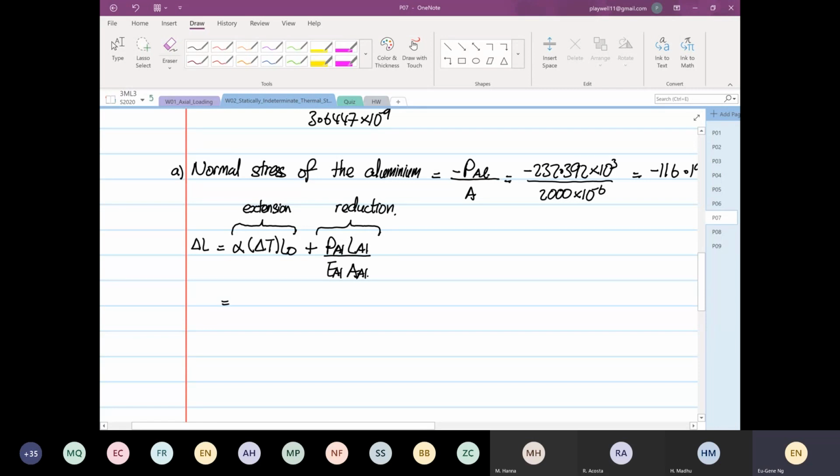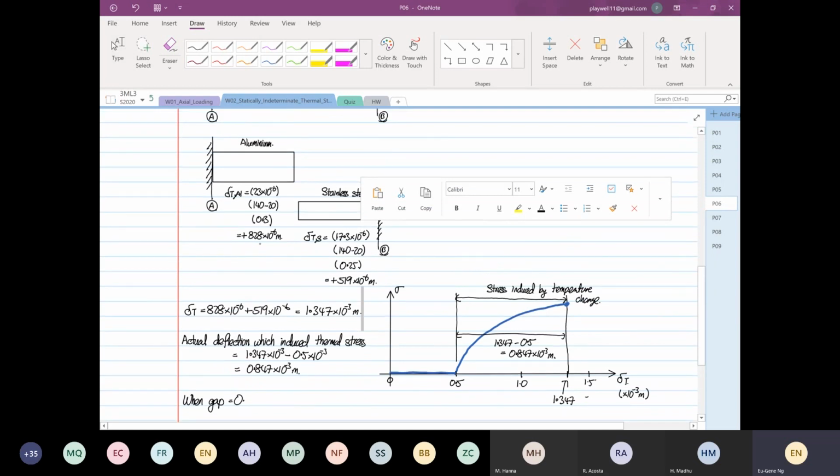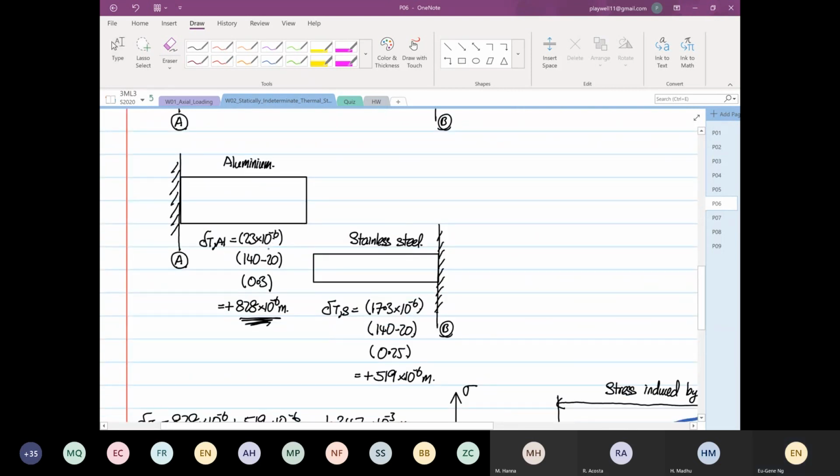So we know that alpha, we have calculated this before. For aluminum it is plus 828 times 10 to the power minus 6. We calculated this earlier. So this is our alpha, change in temperature, and then the length.